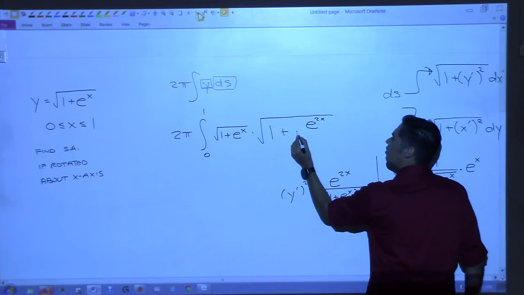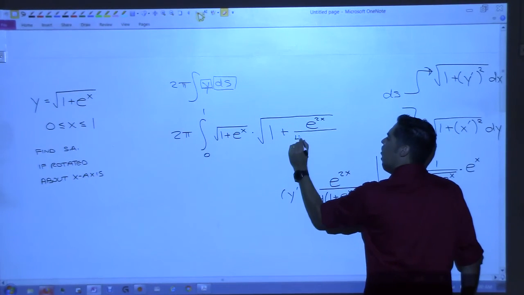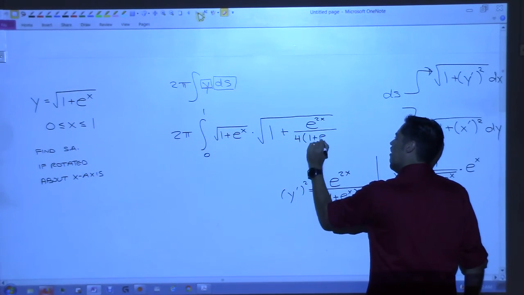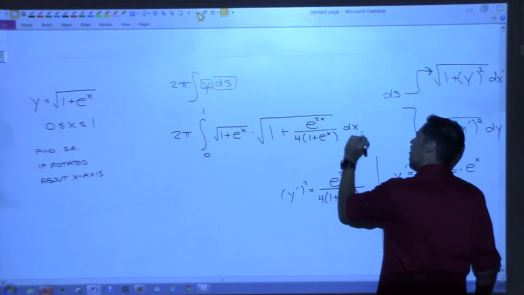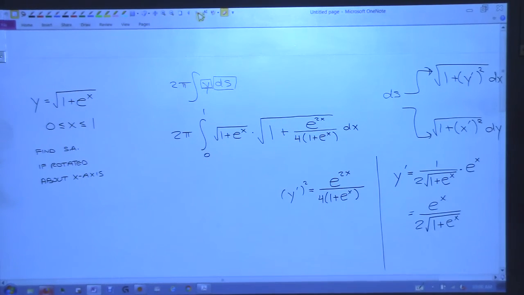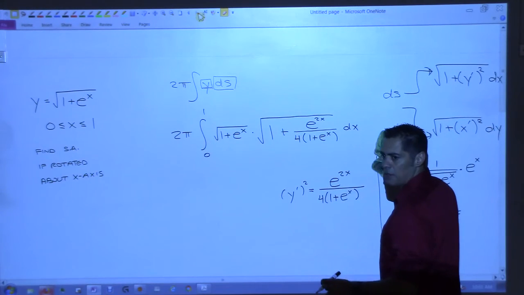E to the 2x over 4 times 1 plus e to the x dx. Everybody okay with where we are? No questions? Now this integral doesn't look that nice, does it?